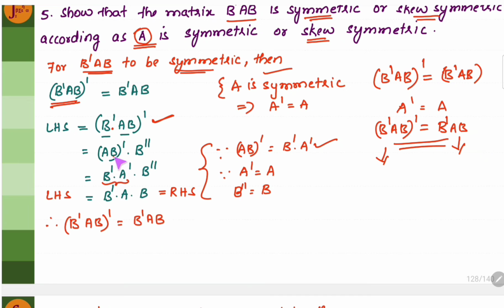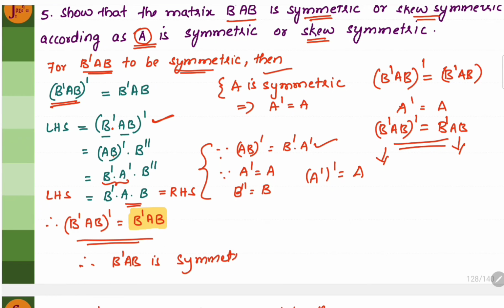AB transpose is B transpose into A transpose, and B double transpose is nothing but B itself. Transpose of transpose is the matrix itself, right? So we are going to get this. And one more thing, A transpose is nothing but A, because A is symmetric. They've told that A is symmetric, right? So A transpose is A. So we get this. If you notice, this is the same as the RHS. Thereby this matrix is a symmetric matrix. Therefore B dash AB is symmetric, right?